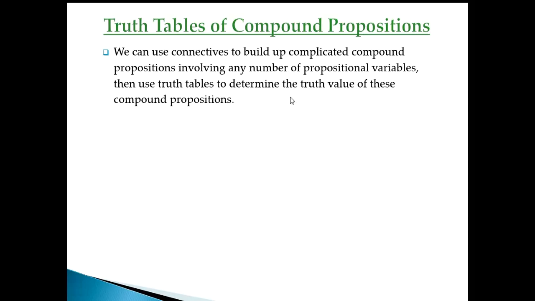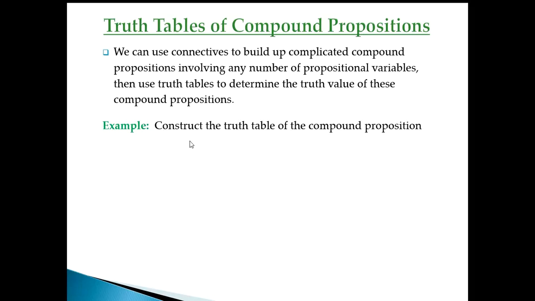Truth tables determine the truth value of these compound propositions. So here we construct the truth table of the compound proposition. You earlier studied what is the truth table of negation, conjunction, disjunction, and conditional, right?